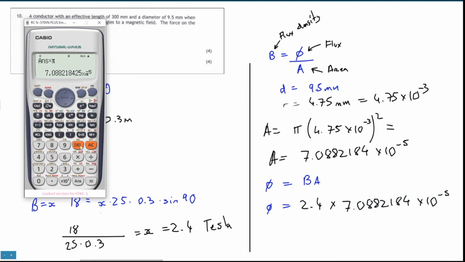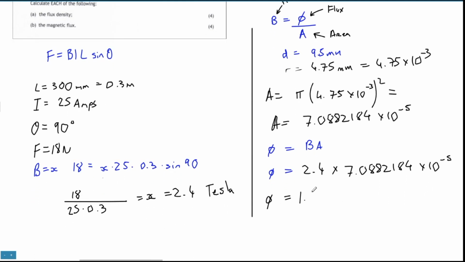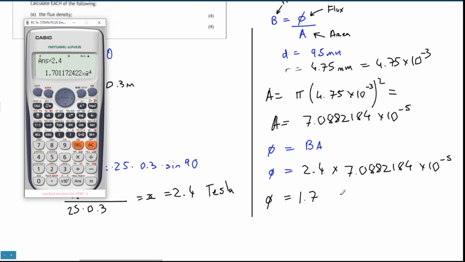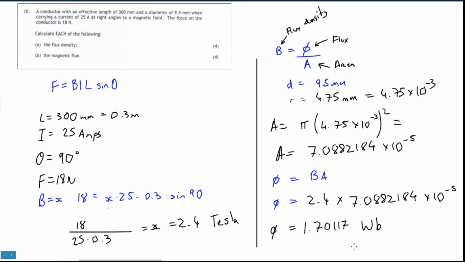So I get my same number on my calculator times 2.4, and we get 1.7. So my flux is equal to 1.70117. And this is in Webers. Weber is spelled W-E-B-E-R, which is a Weber. That's it. We're done. On to the next one.